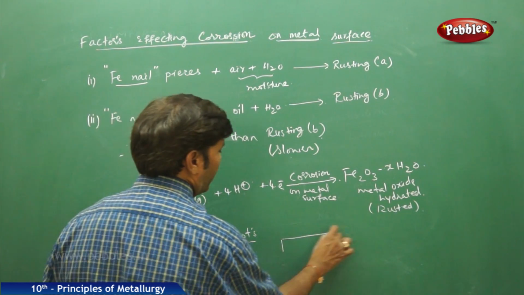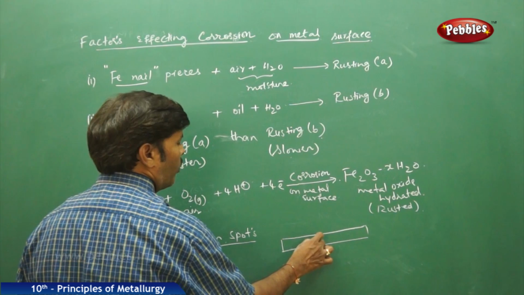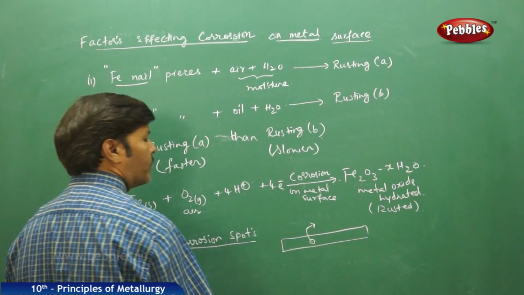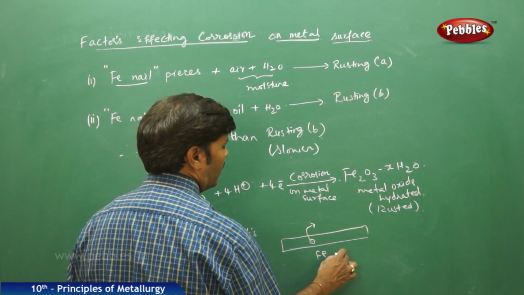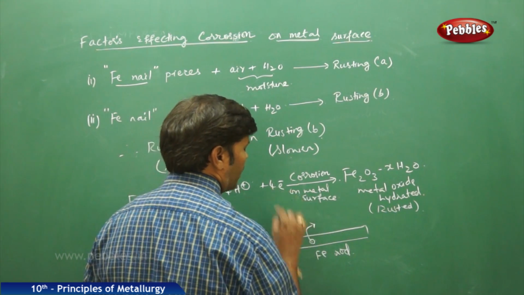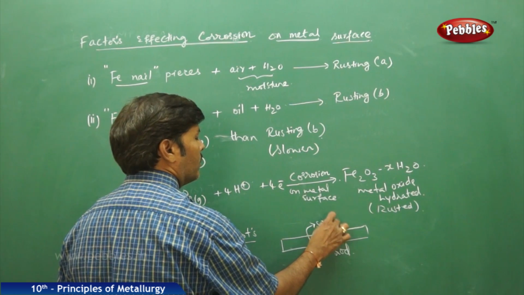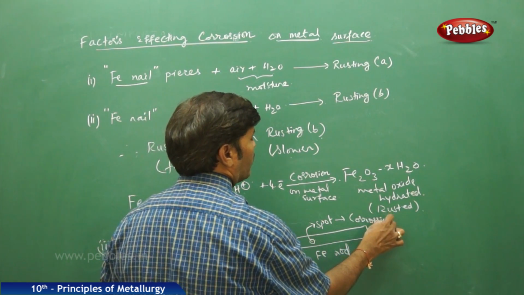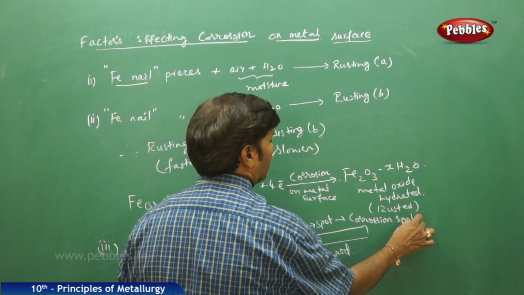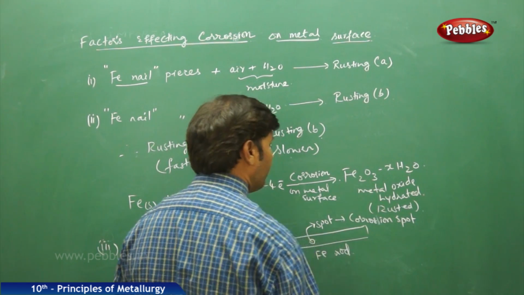If you take a piece of iron, an iron rod, and a small spot is created, you can find one spot. This spot is called a corrosion spot.